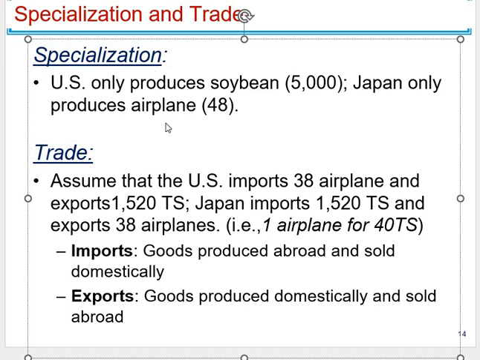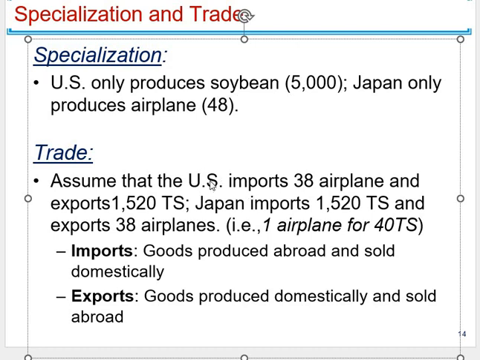So in this case, we let the US import airplanes at the cost of soybeans. So they export soybeans. And we let Japan import soybeans at the cost of airplanes. So we set the numbers specifically to reflect some points that we already noted along the PPF of each country, okay?